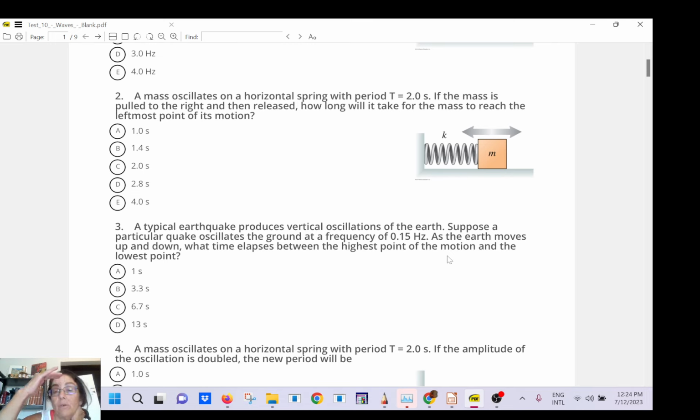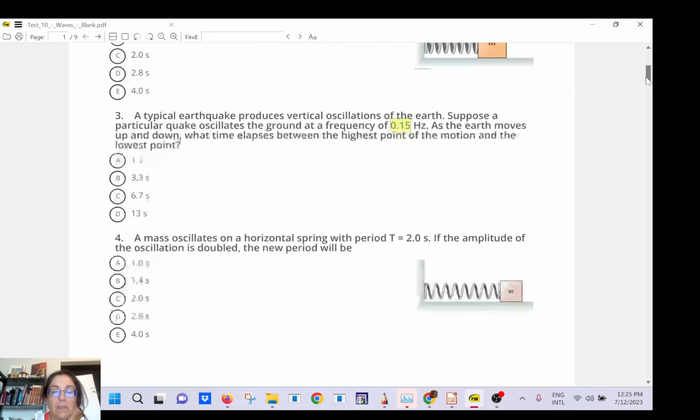If you go from highest to lowest and back to highest, that will be 1 full cycle. So the period is 1 over this number, and you get 6.6666 seconds for 1 cycle. So half a cycle will be 3.3 seconds. Okay, so that's also easy.